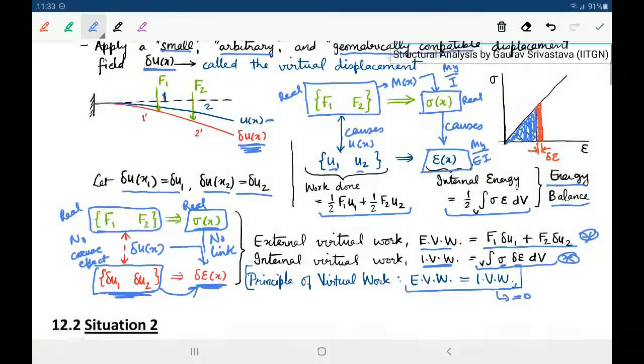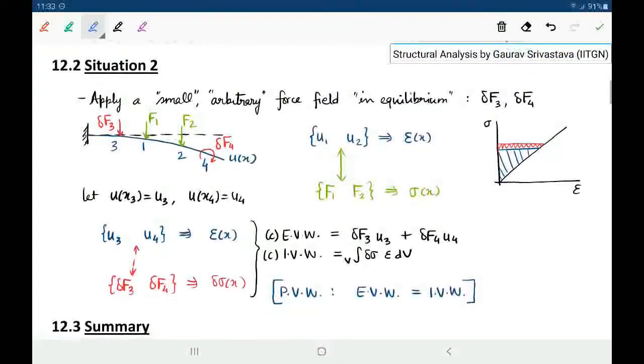So this was the first situation. Let's consider another situation. Again, we start with the basic beam, where let's say the forces F1, F2 were applied and caused a displacement u of x.